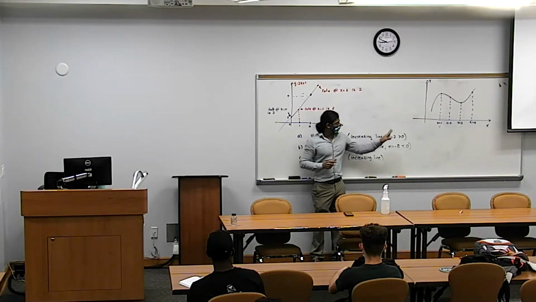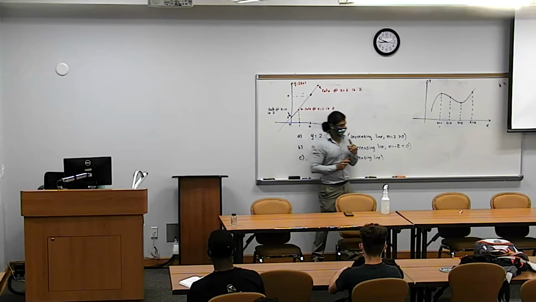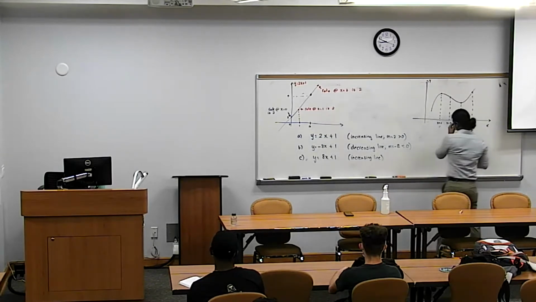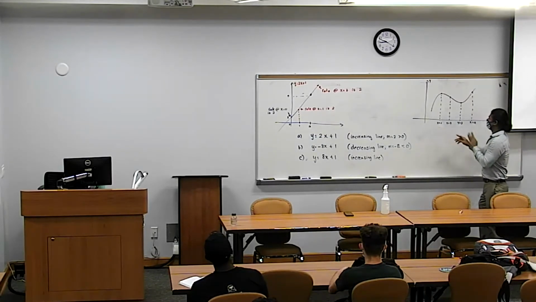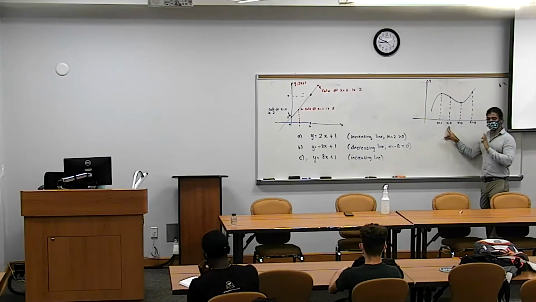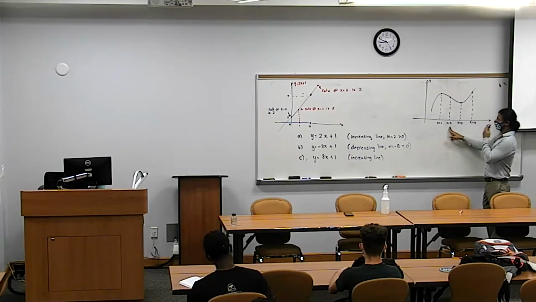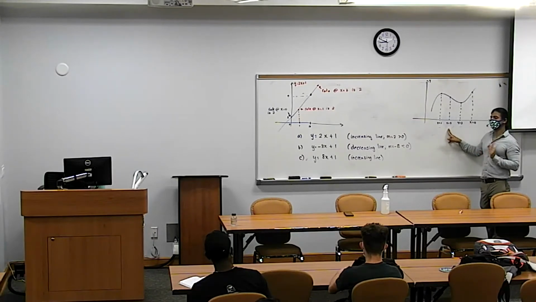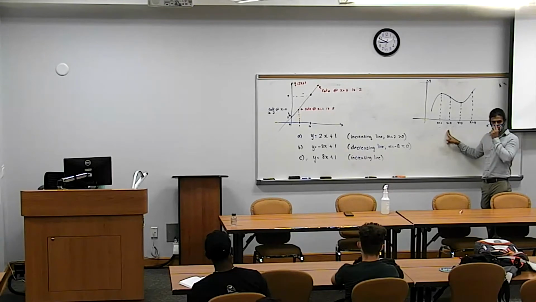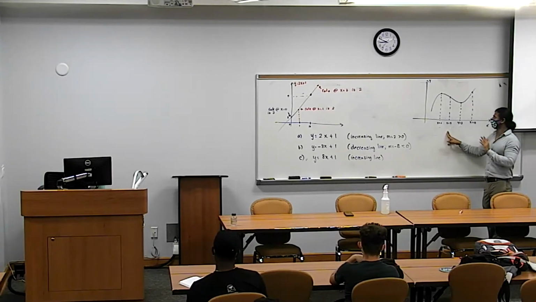I would like to know the behavior of the function at x is equal to 2. We'll start at 2, then we can go to the other values. At x is equal to 2, is the function increasing or decreasing? It's decreasing. Why is that? Connor? It's going down from x equals 2.